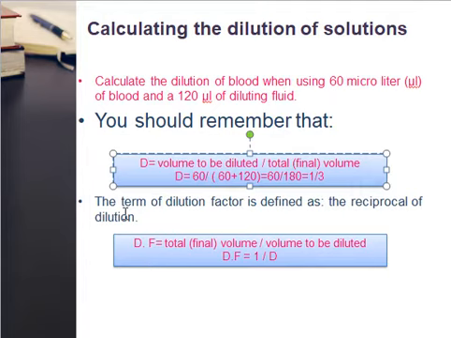There is a term called dilution factor, which is defined as the reciprocal of dilution. So the dilution factor formula is the total final volume over the volume to be diluted.